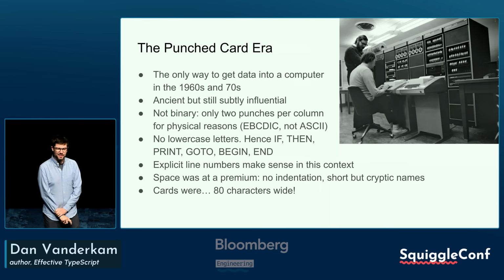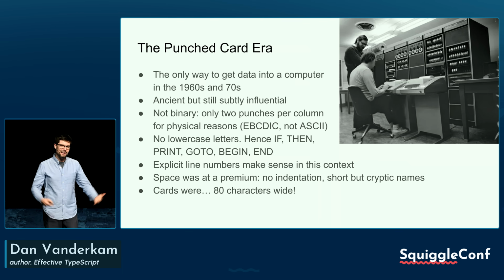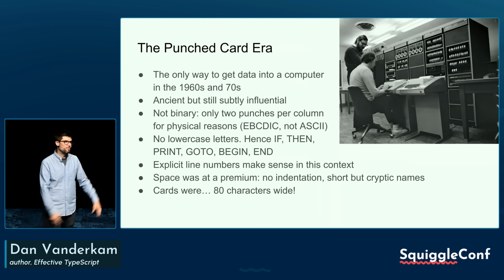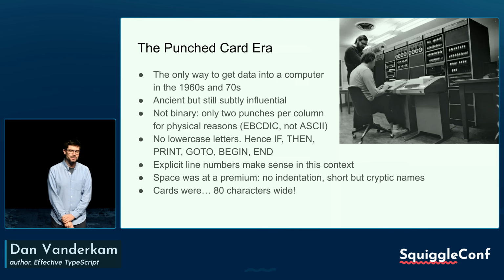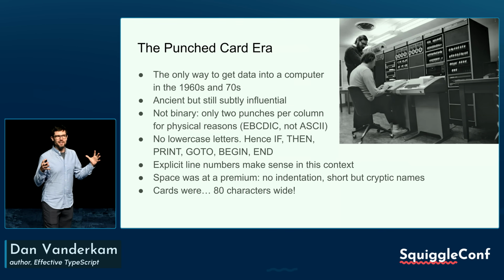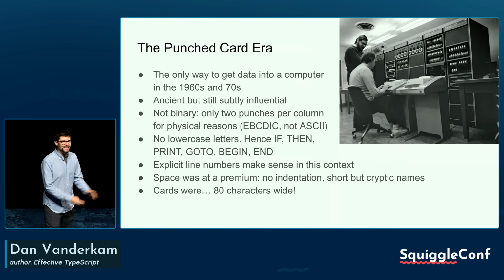But cards had an explicit area on the left for line numbers. So BASIC has explicit line numbers as well. That's sort of a more natural thing to do if that's where you're coming from. But I think the really interesting legacy is that space truly was at a premium with these cards, right? It didn't really make a lot of sense to indent your code.